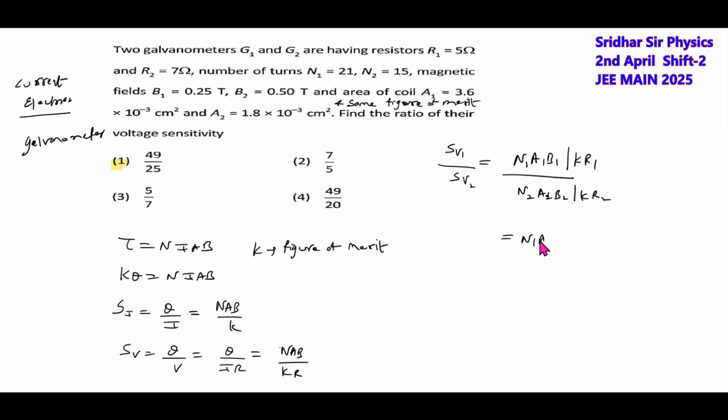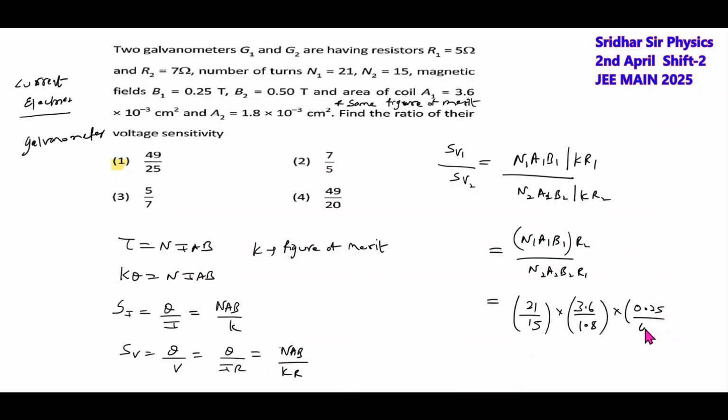So this becomes N1 A1 B1 R2 by N2 A2 B2 R1. The ratio N1 by N2 is 21 by 15, A1 by A2 is 3.6 by 1.8, B1 by B2 is 0.25 by 0.50, and R2 by R1 is 7 by 5. Solving this, we'll get the answer.